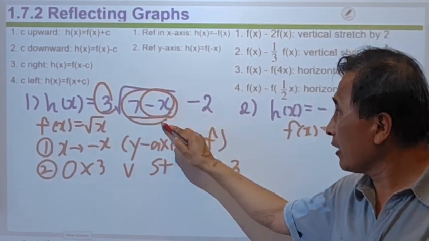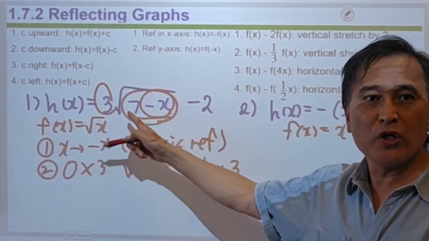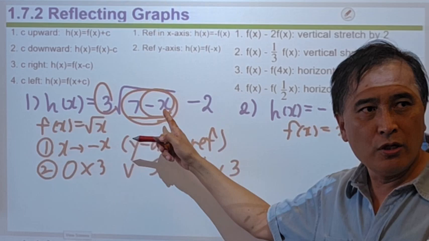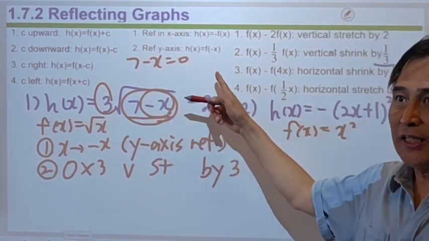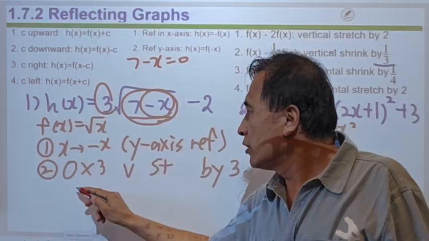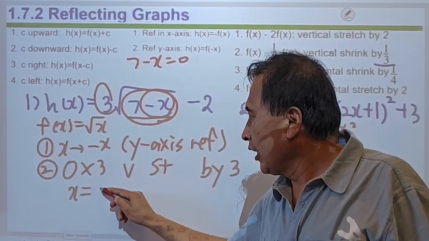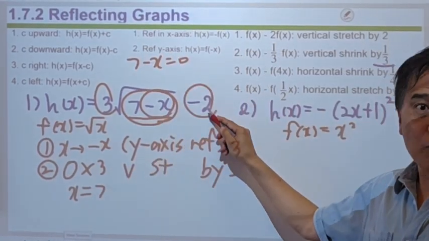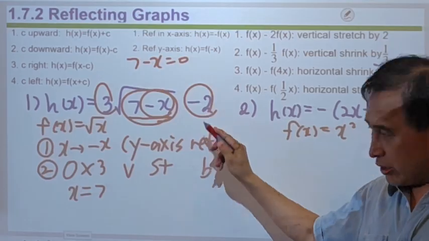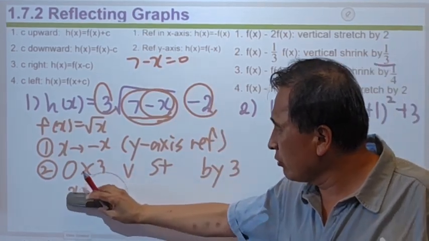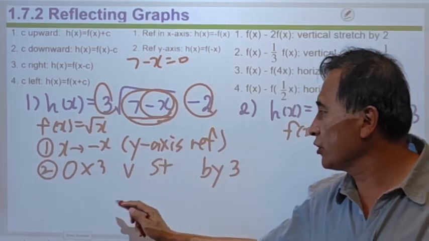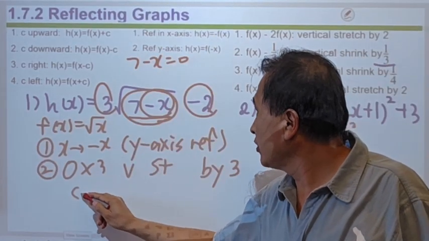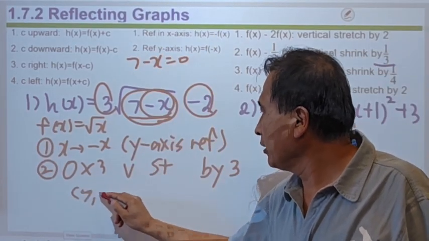Now let's find the x value which makes the inside of this 0. So 7 minus x equals 0. You plus x both sides. X equals 7. And then here at the end, minus 2, right? So 7 and minus 2. That's the starting point for the square root function, 7 comma negative 2, right?